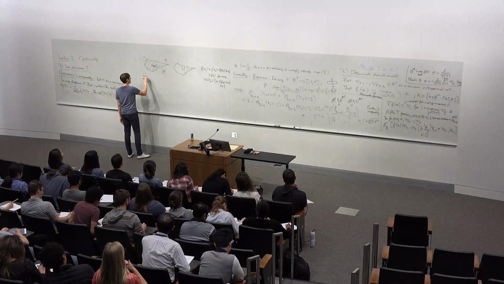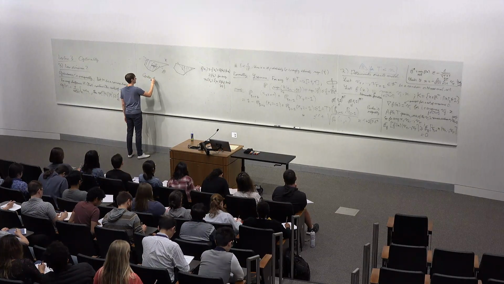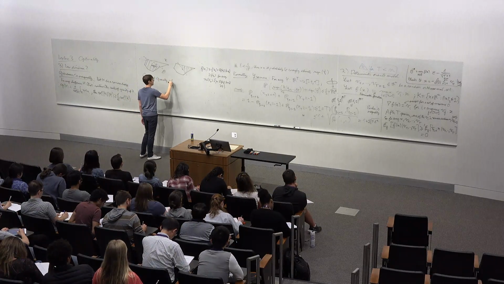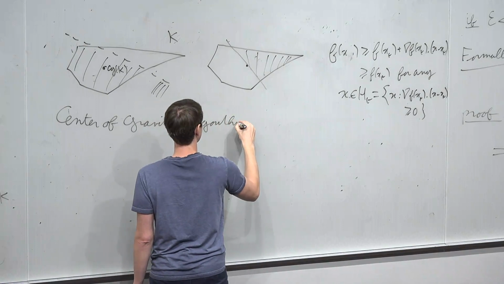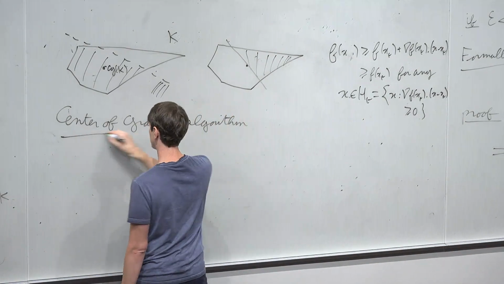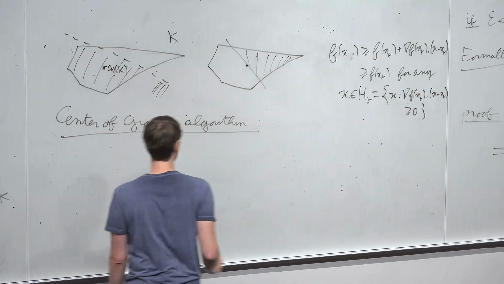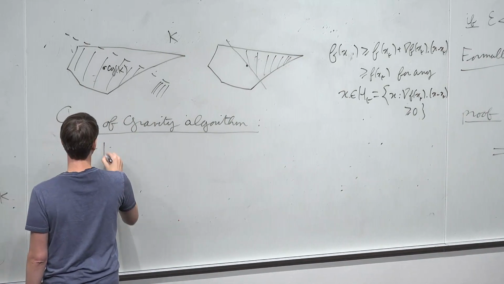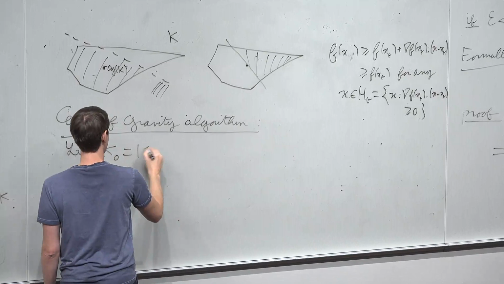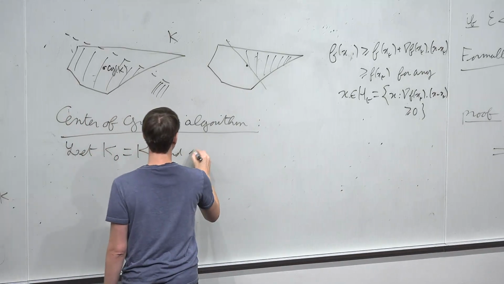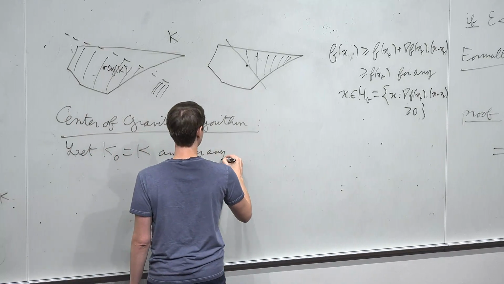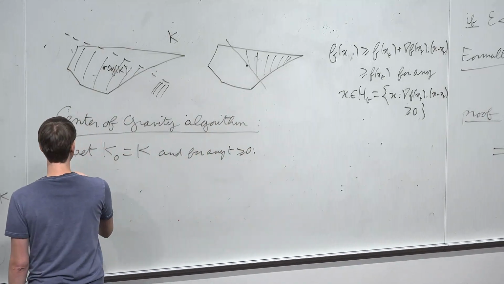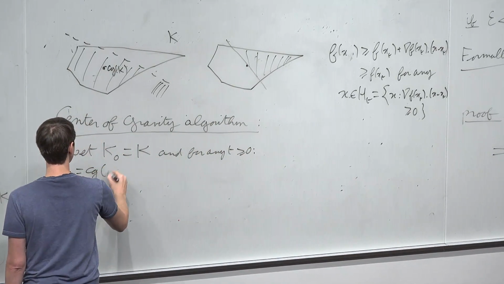Okay, so the center of gravity algorithm is like this. Let K0 be K. And for any t bigger or equal than 0, do the following. xt, take it to be the center of gravity of your current set.